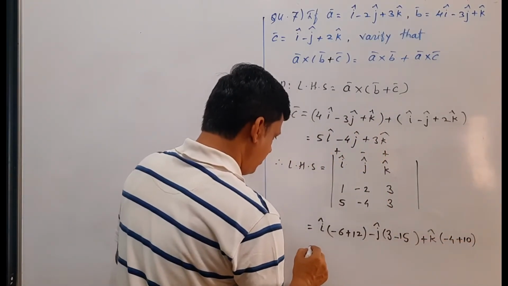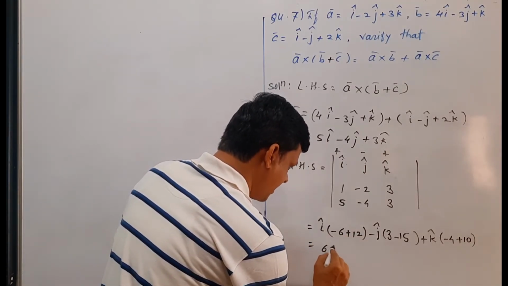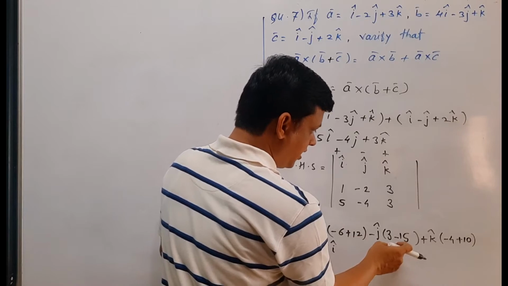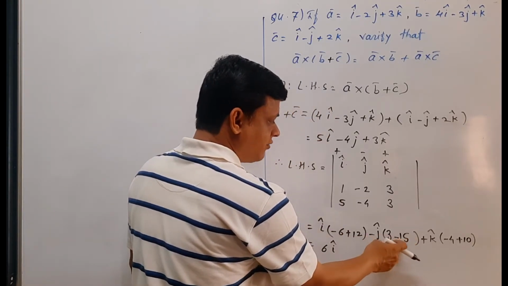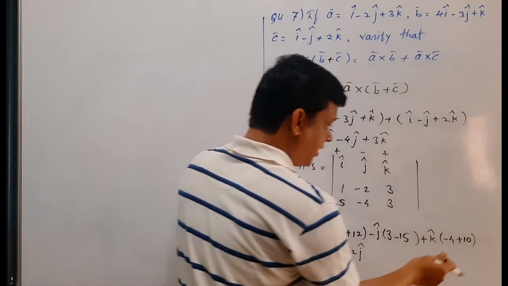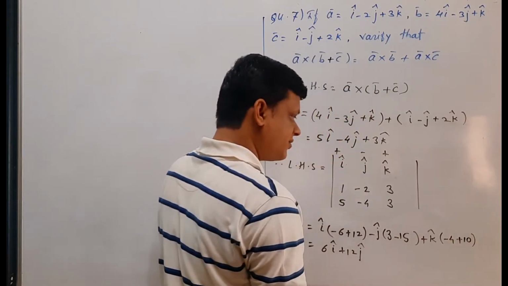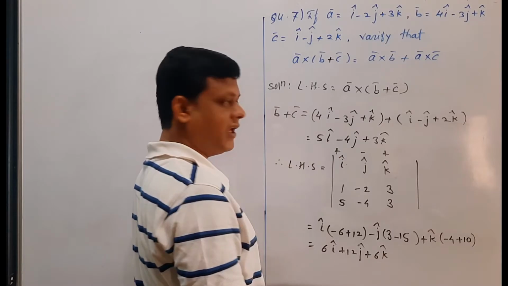So we get value of LHS as minus 6 plus 12, which is 6i. Here 3 minus 15, that is minus 12, minus minus plus, so we write here plus 12j. Then minus 4 plus 10, which is 6, so we write here 6k. This is the value of LHS.